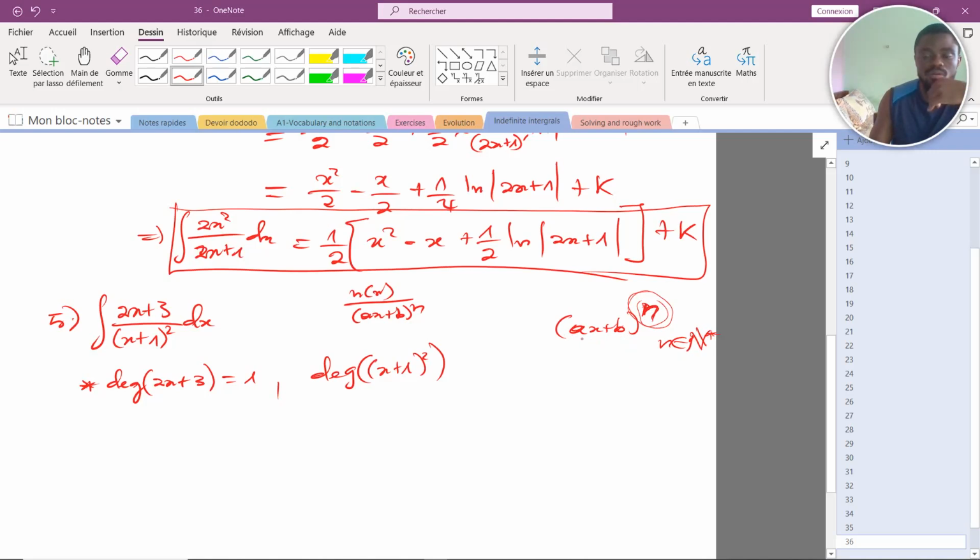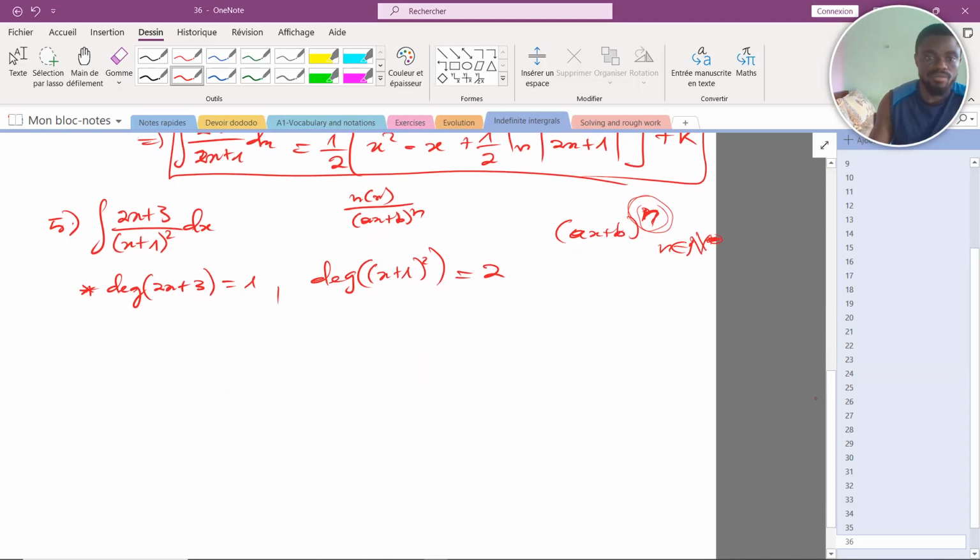If you develop this, the highest power of x will always be n. You understand? So the degree of this will simply be equal to 2. If I develop this, the highest power of x will be 2.